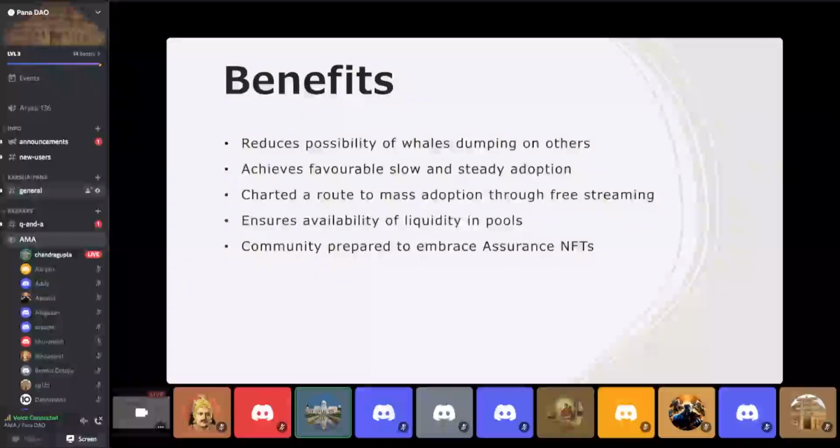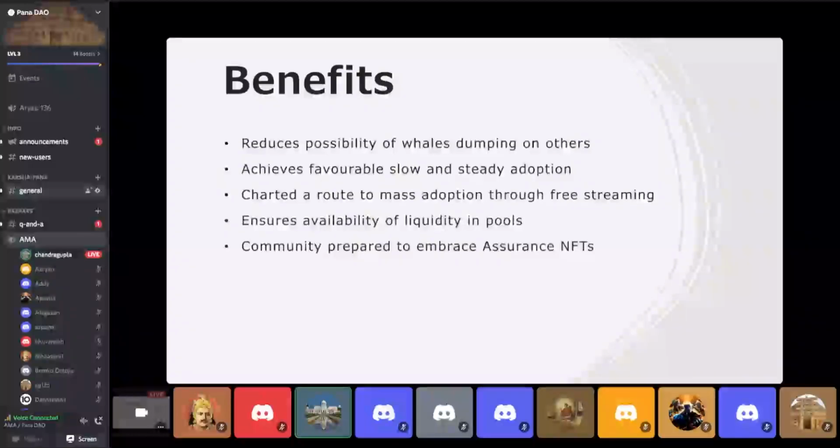Because this is free stuff, we believe that many people would be interested in getting their hands on as much Pana as possible, simply because they are not having to pay any price for the token, regardless of whether the protocol succeeds in their mission or not, regardless of where the price goes after the launch is over. But still, it's just free stuff. You don't have to pay anything for it. So we believe this would be a good enough reason for many early participants to get their hands on as much Pana as possible, leading to a huge adoption of our token.